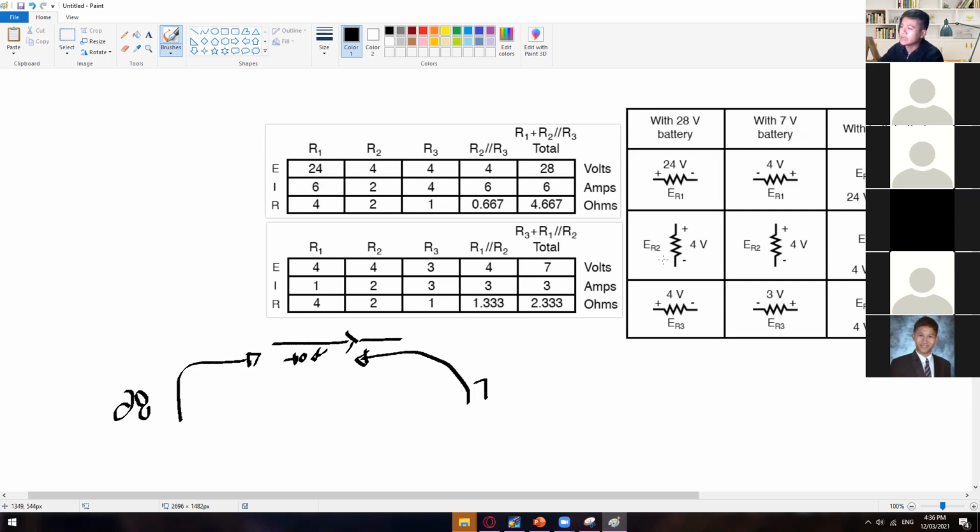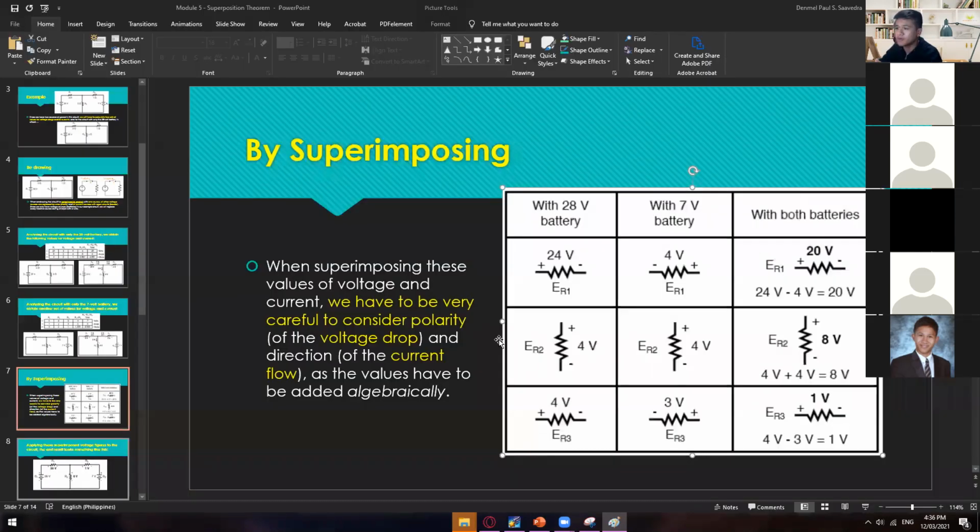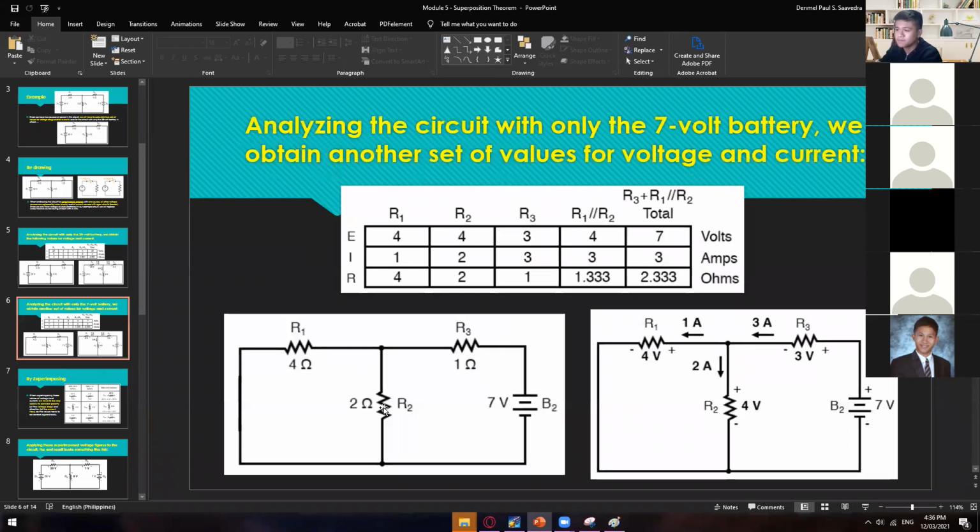And then for the R2 only, we have here a voltage drop of 4 volts and 4 volts also for the 7 volts. Since they have the same polarity or symbols, positive, positive, and then negative, negative, they will add up with each other. That is the point wherein they intersect with this part.